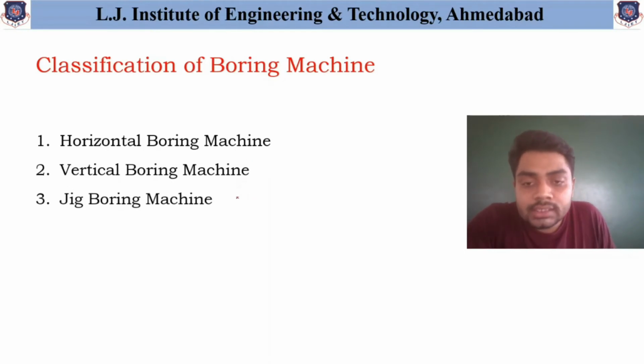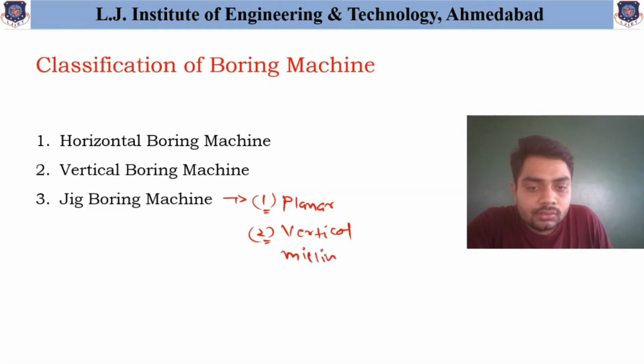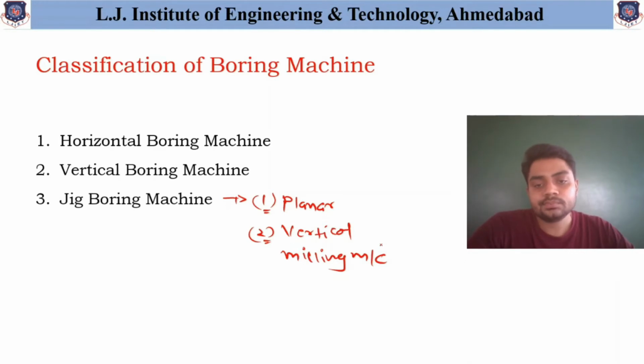And this jig boring machine also has two subtypes, from which the first one is the planar type jig boring machine, and the second one is the vertical milling machine type jig boring machine. So these are the three main classifications available in the case of boring machine. We will discuss all these three types of machine in detail one by one.